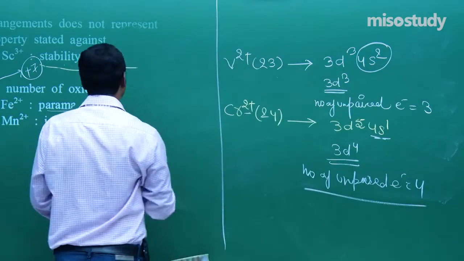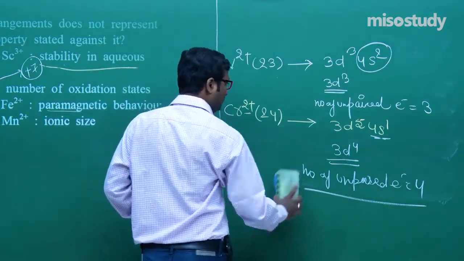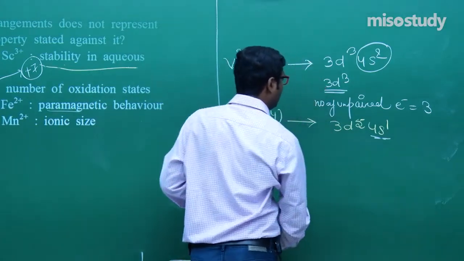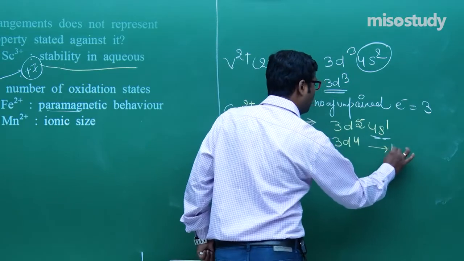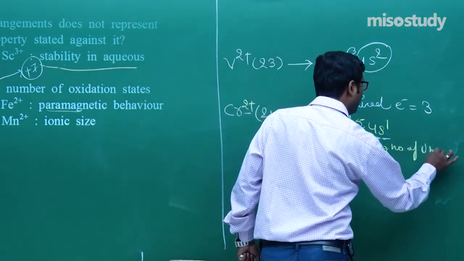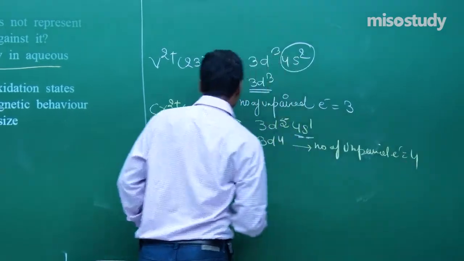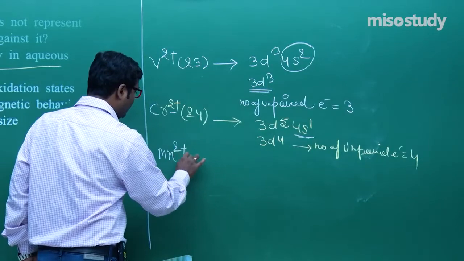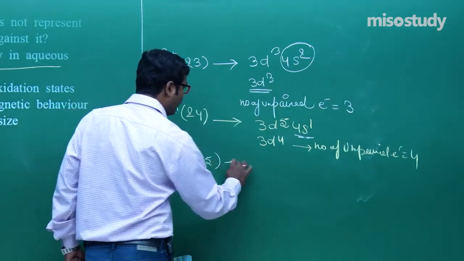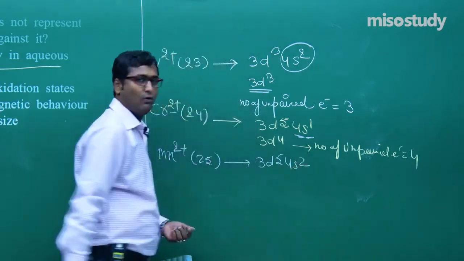Now check the next one, that is Mn2+. Before, the number of unpaired electrons was 4. Now Mn2+: as we know, Mn has atomic number 25, general electronic configuration 3d5 4s2.